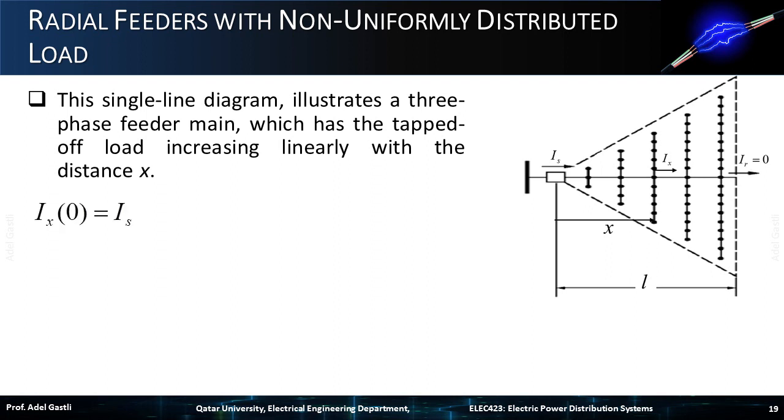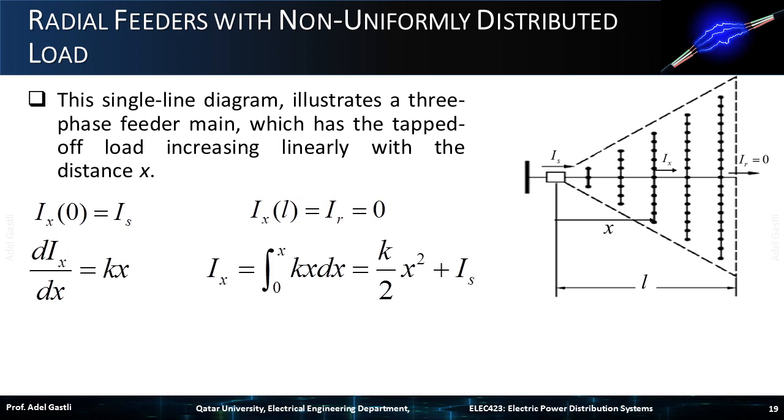We assume that the current leaving the substation, at distance x equals 0, is Ix of 0 equals Is. And at the end of the feeder, at a distance L, the current is Ix of L equals IR, equals 0. Besides, the current variation over the distance is defined by dIx over dx equals minus k times Is times x.